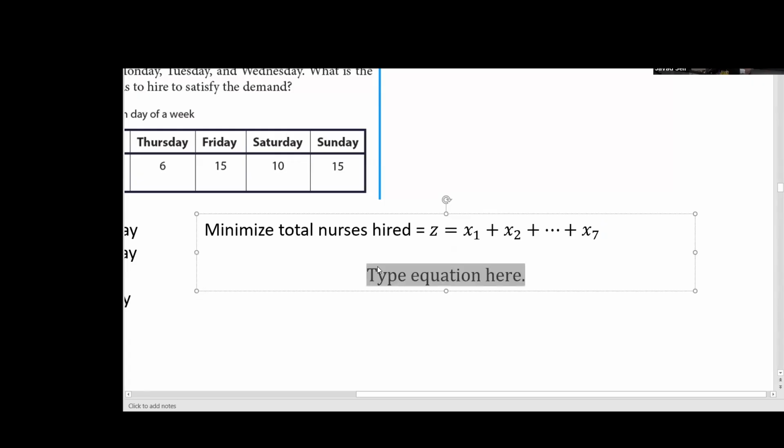Doesn't make sense. So I add this constraint that says x1, through x7, should be, or I can write that as they belong to this set: 0, 1, 2.